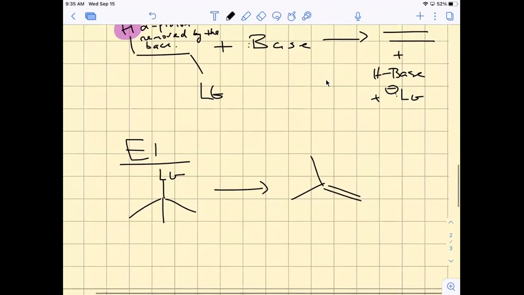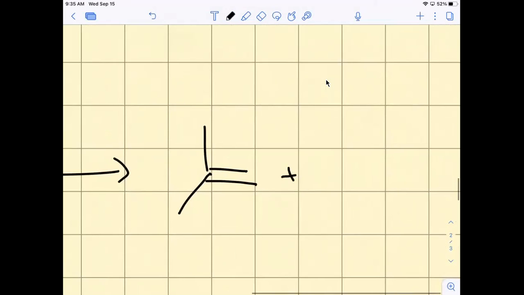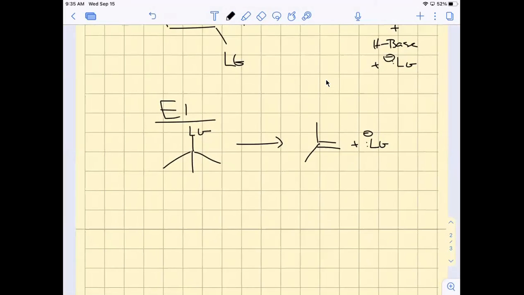So you'll end up with a pi bond in the product plus your leaving group. It's still an elimination. Again, with E1, the leaving group can actually act as the base.